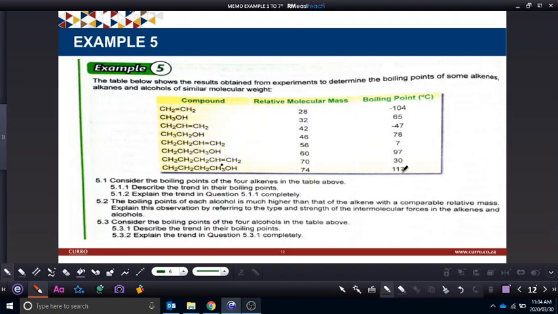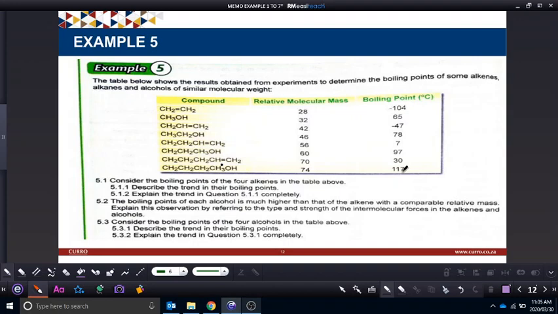So number 1, we identify the forces. All of them have hydrogen bonds. But what's the difference? There are more carbons in the carbon chain. So if we increase the length of the carbon chain, what are we doing to the intermolecular force? It becomes stronger. So the longer the carbon chain, the stronger the intermolecular forces.